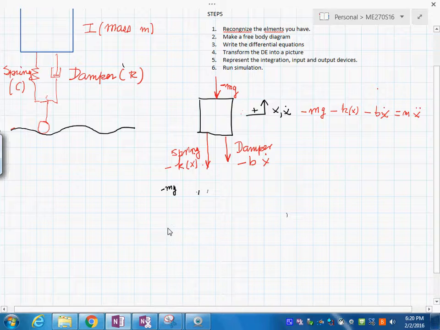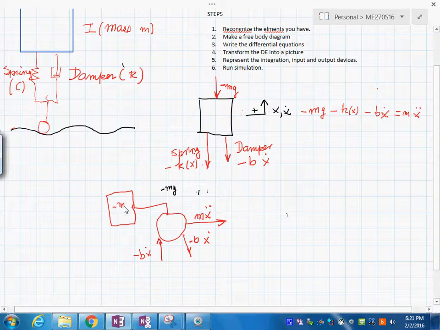So in here you're going to have minus b x dot, this minus b times x dot, and then this is m x double dot, and this is the minus mg.